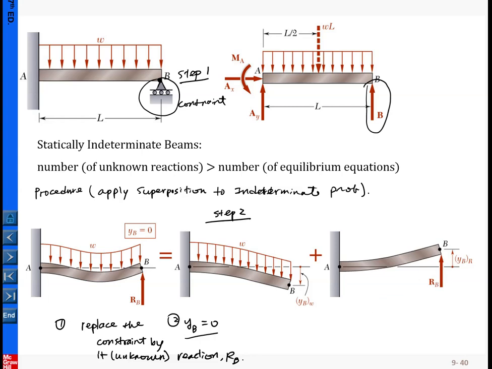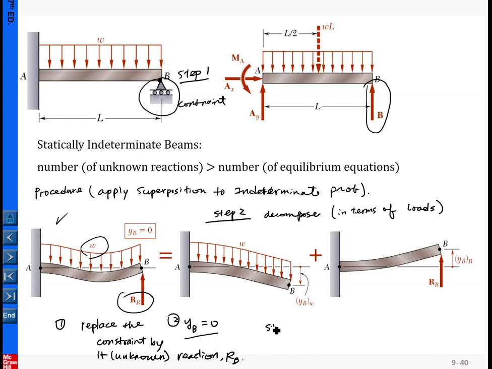So that's step 2: you decompose the system. In terms of the load, for each type of load you decompose into one subsystem, and here we have in total 2 kinds of load, so 2 kinds of subsystem.